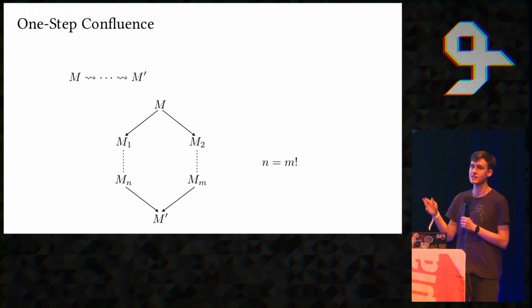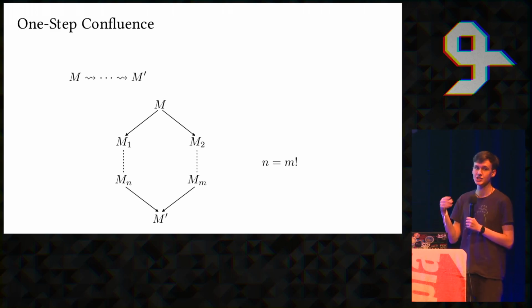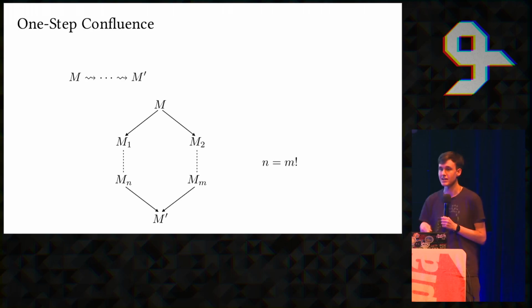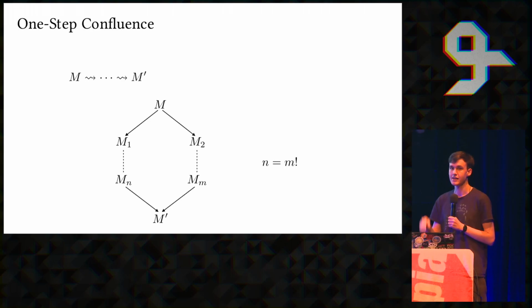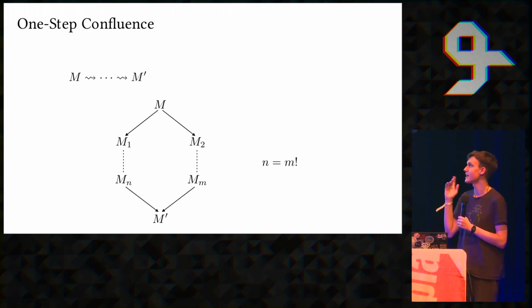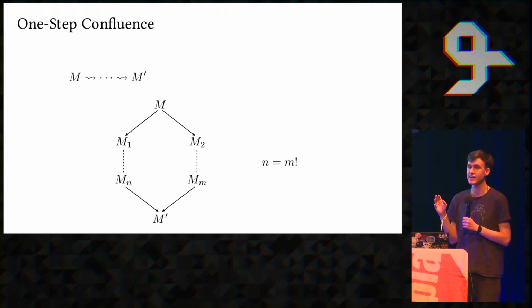So it does not matter in which order you reduce or interact the agents, because you will always require the same amount of steps until you reach a common term m, or a common net m. And this is really important because then you can actually parallelize the interaction reduction. And then you can, for example, assign each core of your processor a single interaction, and then they can do these interactions at the same time.